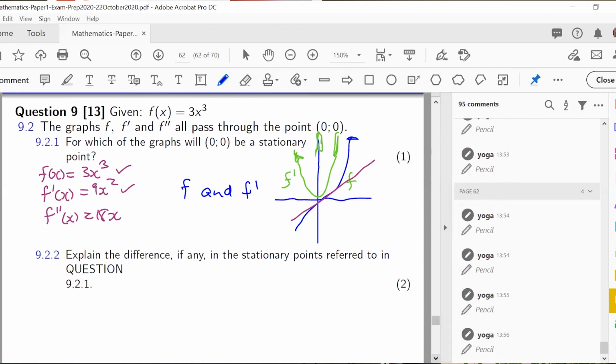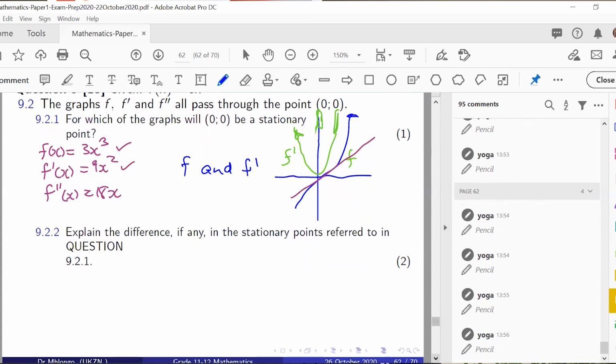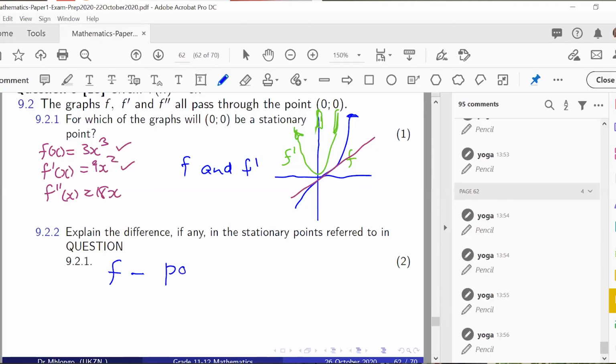Now explain the difference, if any, in the stationary points referred to in the question. I think I have mentioned that, because I have said for f, it will be the point of inflection, and for the derivative, it will simply be the turning point.